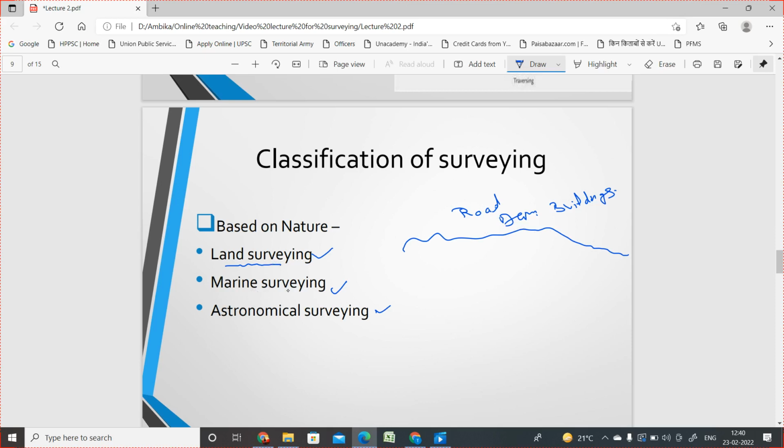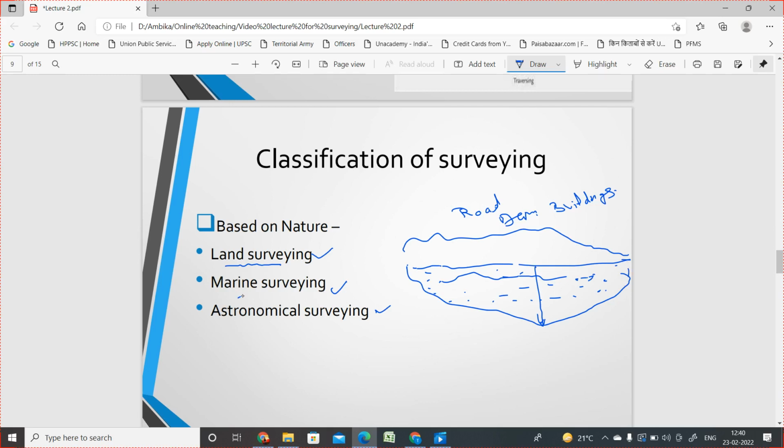The second one is marine surveying. Some of the projects are handled within the oceans. So these are the projects that we have to construct within the oceans. In such a survey, we have to measure the depth of the riverbed, or we have to measure other dimensions and details.